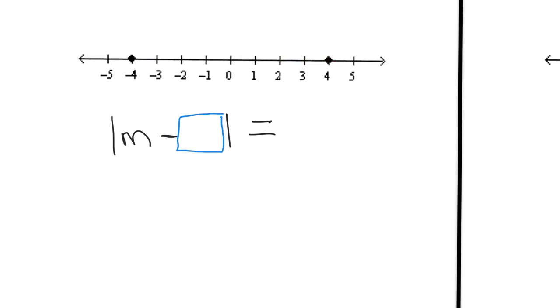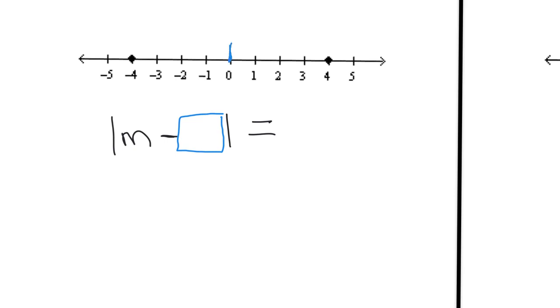From here, negative 4, 1 unit, 2, 3, 4, 5, 6, 7, 8. So halfway, which means divide by 2, will be your midpoint. That means half. So 8 divided by 2 is 4. So from this point, I'm going to count 4 units. 1, 2, 3, 4. So this one here is the midpoint.